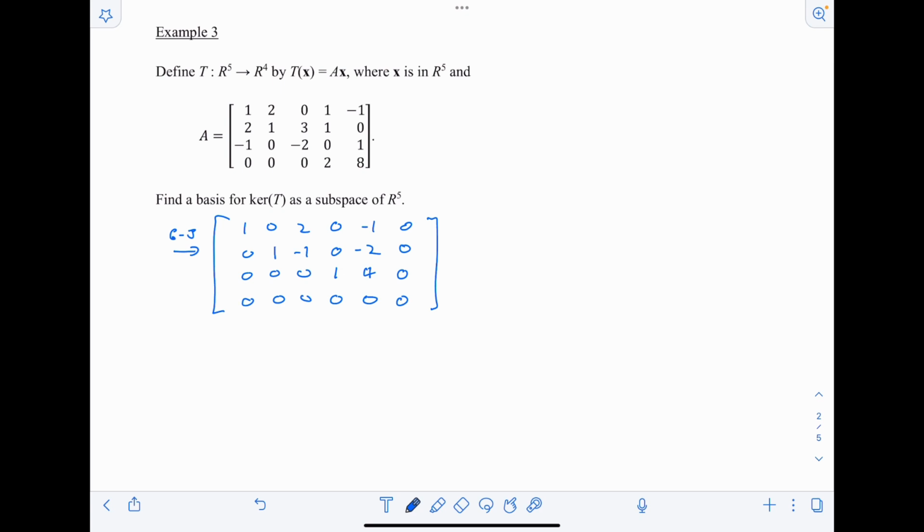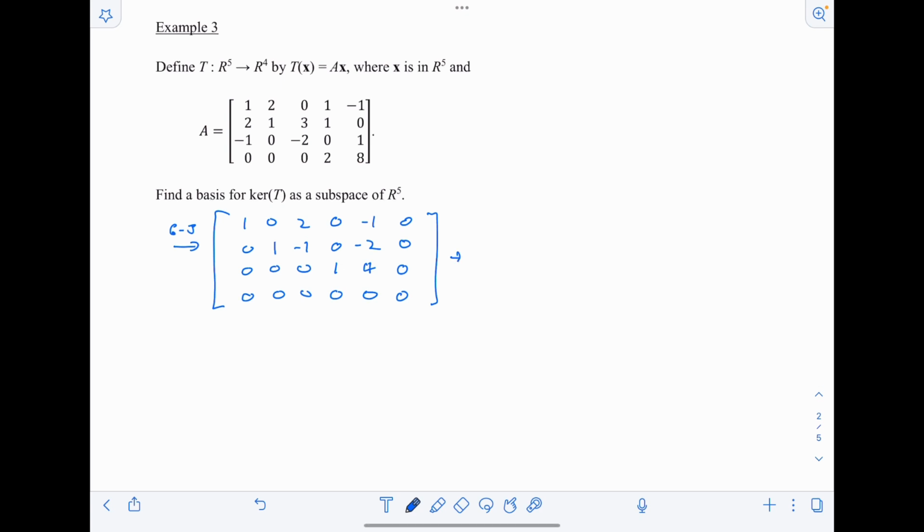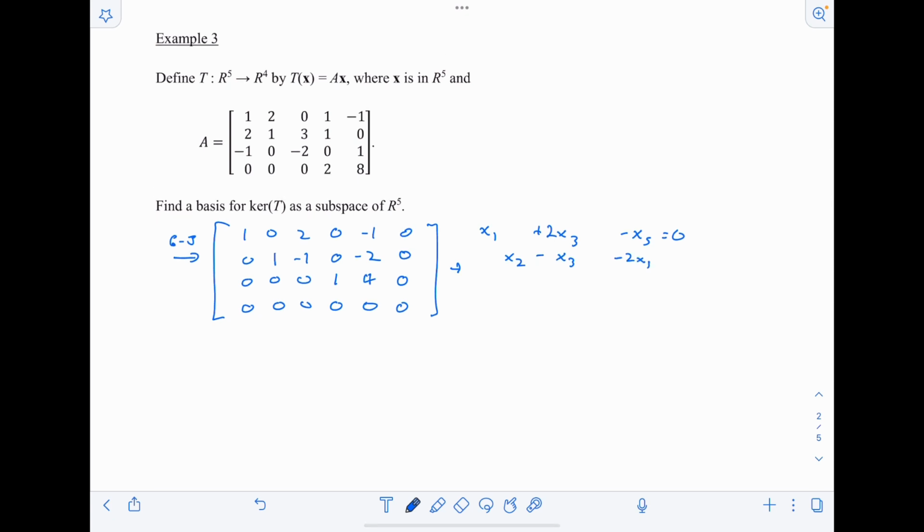So writing this out now, this gives us the equations. The first one is x1 plus 2x3 minus x5 equals 0. The next one gives us x2 minus x3 minus 2x5 equals 0. And then we have x4 plus 4x5 equals 0.